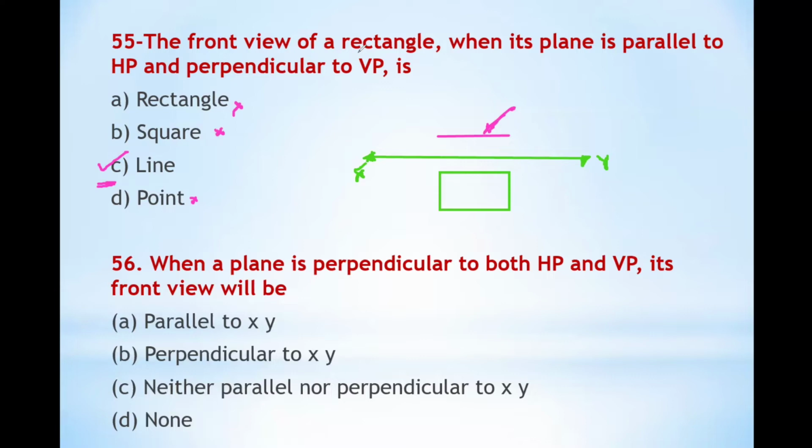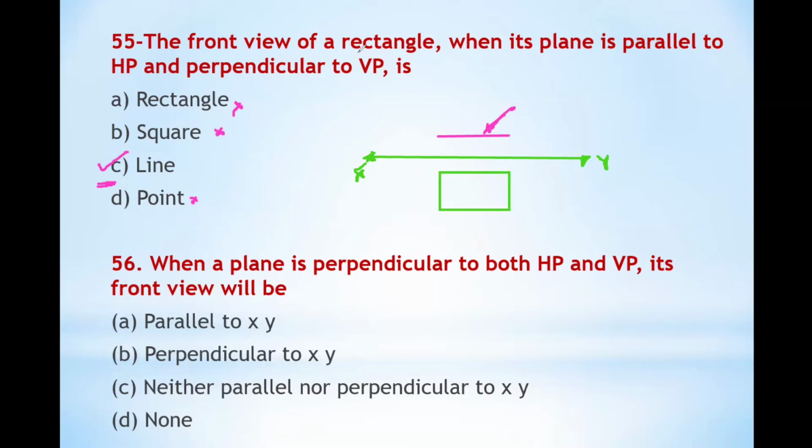Here, parallel to XY means what? Something we need to correct here: if any plane is perpendicular to both HP and VP, then its true shape we'll get in the side view. That means it will be projected on the profile plane. Whatever front view and top view we get will be an edge view, or a line, perpendicular to XY.